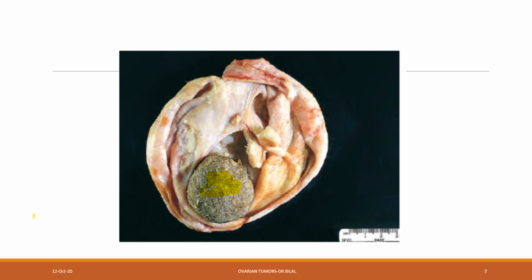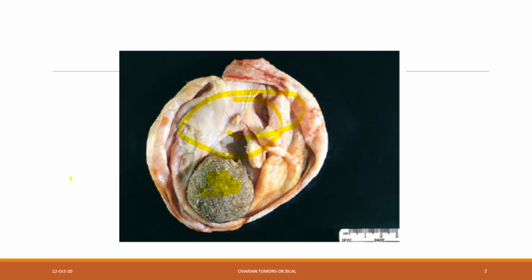This is a tuft of hair, a ball of hair. If this ball of hair is visible, it's straightforward for you, it's a teratoma. It's a mature cystic teratoma, based on its gross picture at least. These are the cystic areas here in this region, and this is the ball of hair.